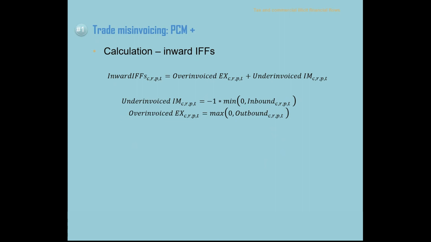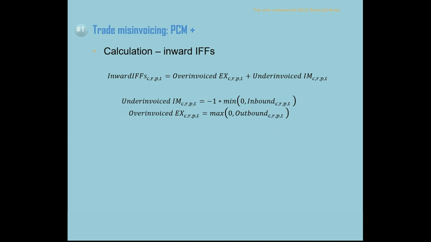So these are flowing into the country. Officially we do not see them because they are for the goods, but in fact we know that the good is only worth 100, and the additional 20 is being illicitly brought into the country. On the other hand, under-invoiced imports are when we are importing a good, again of a value of 100, but we only pay 70 for it.